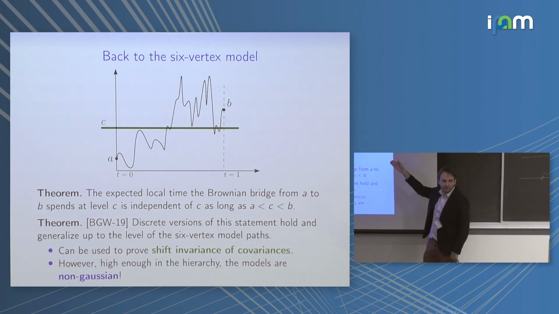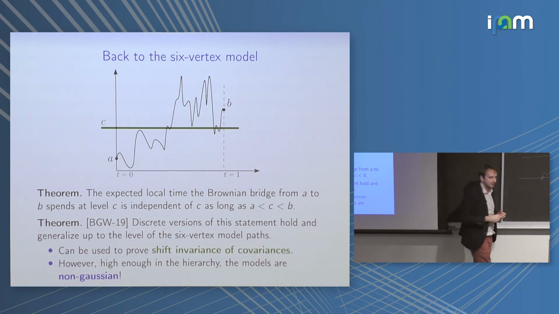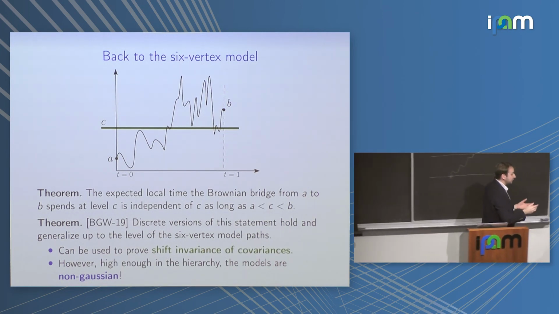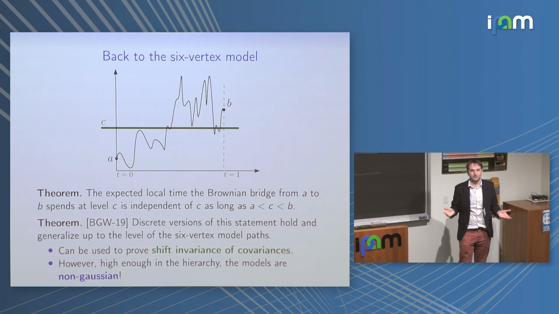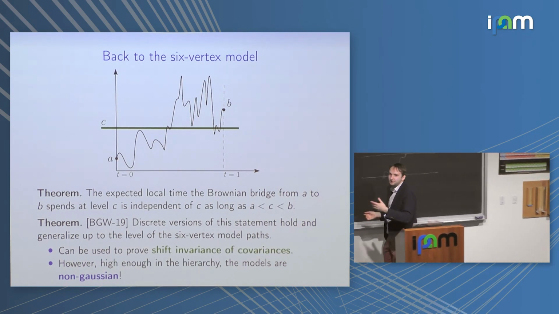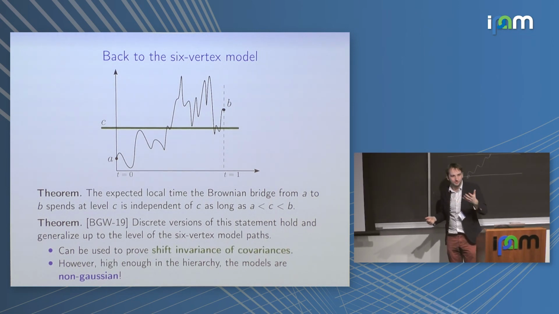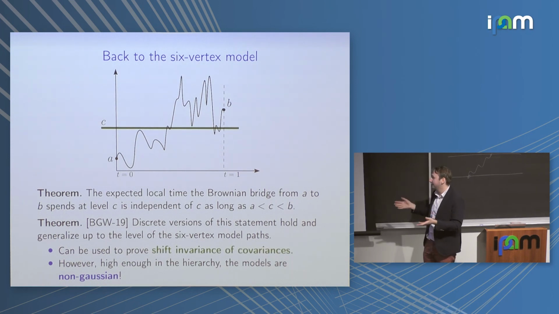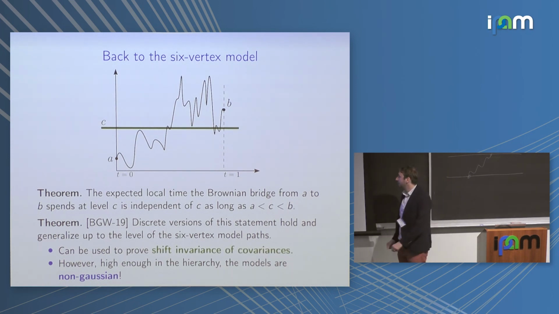There will be some discrete random walks, and again they will be intersecting, and there will be some invariance of intersection local times of the discrete random walks under shifts. And that will be related directly to the shift invariance of the covariance in the color stochastic six-vertex model. But of course, the color stochastic six-vertex model is not a Gaussian model, so the covariance doesn't tell you everything. So we still need a more complicated proof of inductive nature, or this other proof that Pasha has, to eventually get the full result.